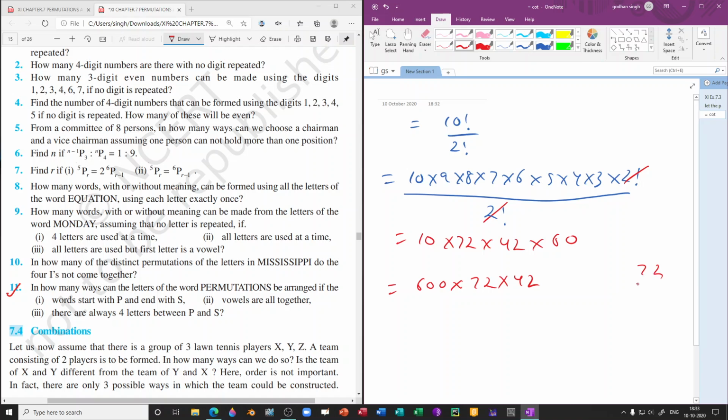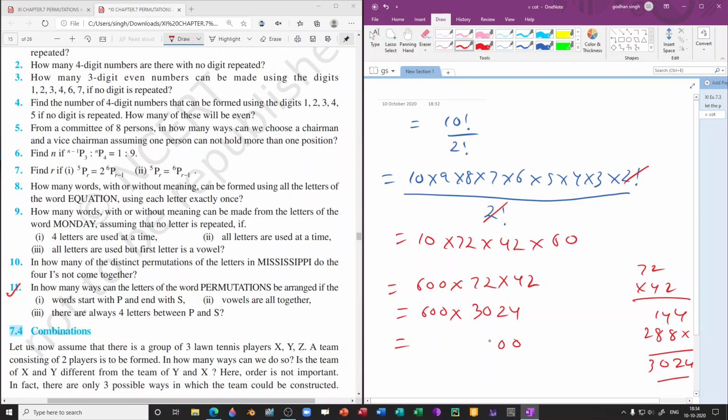So let us multiply 72 and 42. This is 72. So we'll get 2 into 2, 4, 7 into 2, 14. Then 4 into 2, 8, 7 into 4 is 28. Adding these, 4, 8 plus 4 is 12, 1 carried over, 9, 10, 1 carried over, that is 3024. So what we are getting here is 600 into 3024, and this will give us 0, 0.